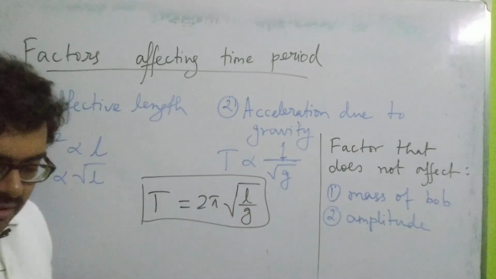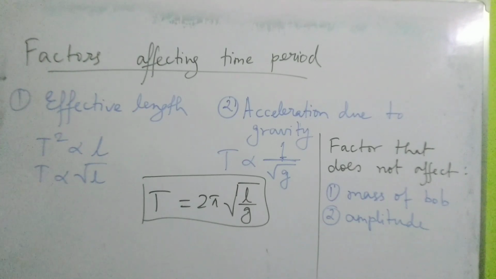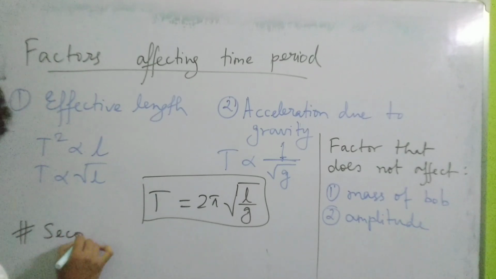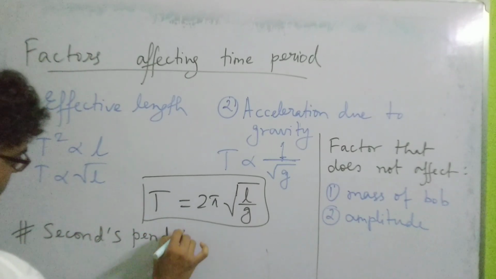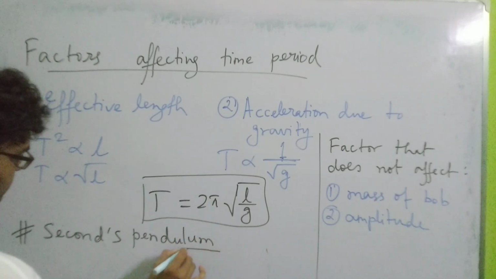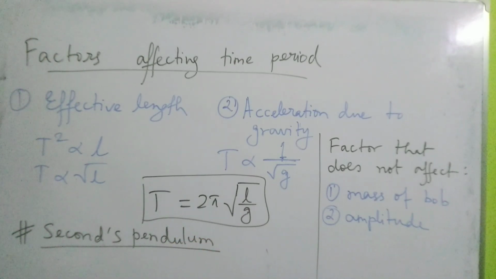Coming to the end of the video, the last topic that I will be discussing is the seconds pendulum. This is just one separate topic. The time period of a seconds pendulum is 2 seconds, not 1 second.